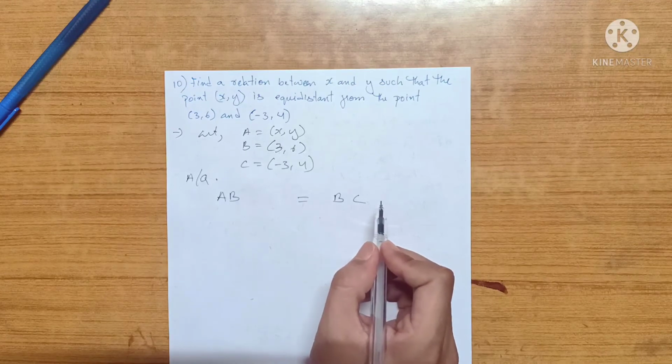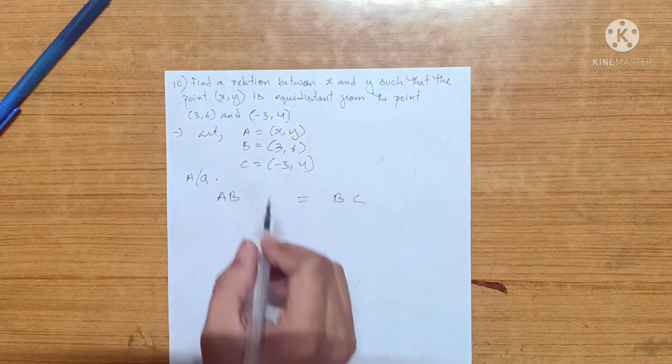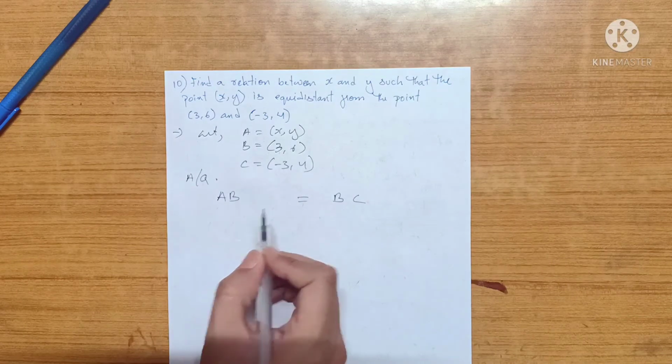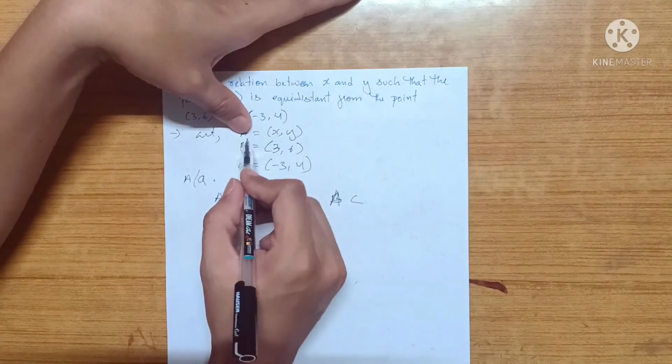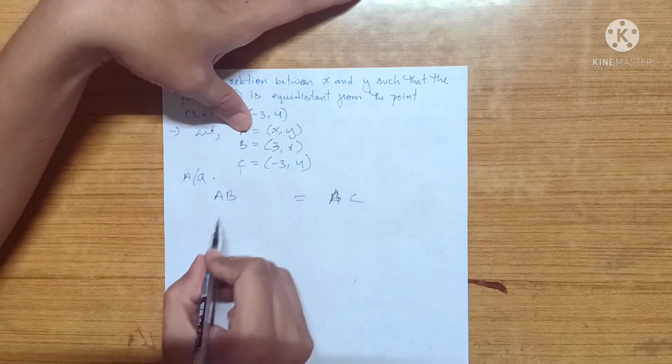Equidistant. So AB is equidistant. No, AC. Sorry. A is equidistant from B and C. So AB is equal to AC.